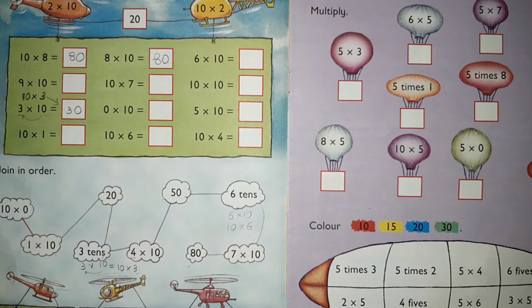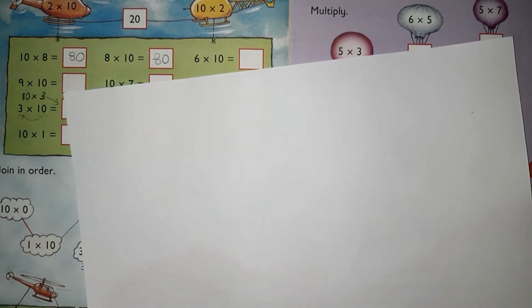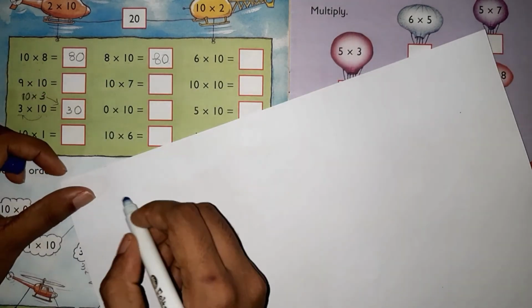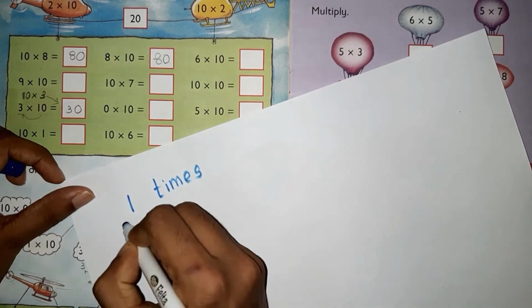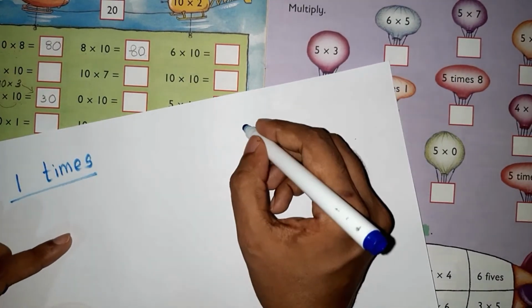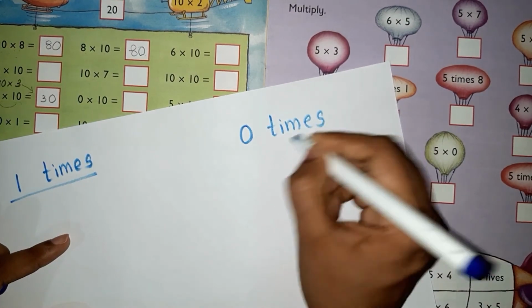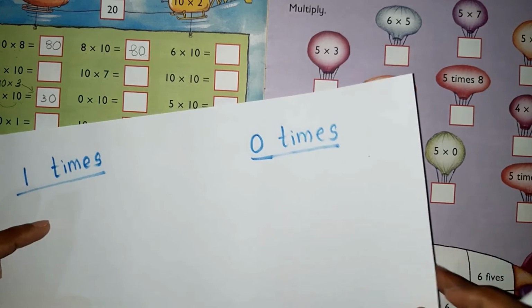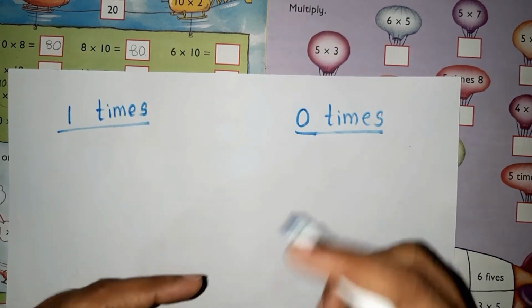Before moving on to the checkup book, I want to remind you one thing from the previous lessons, 1 times and 0 times. I hope that you can remember the 0 times that we talked about.